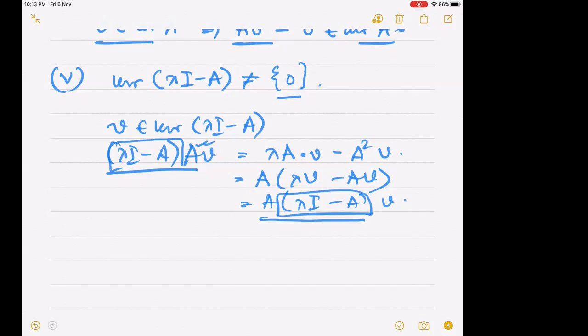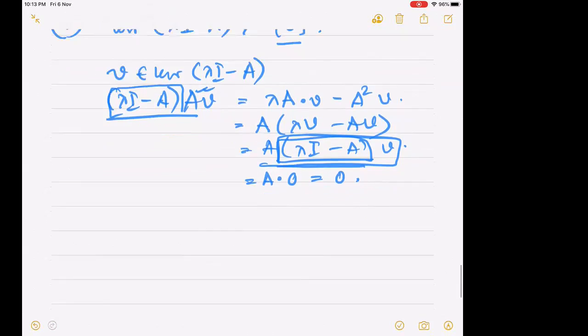It doesn't matter whether you make A act on the vector first and then lambda I minus A, or lambda I minus A first and then A. They commute. And because they commute, and I know that this part is 0, this is nothing but A acting on 0, which is 0.